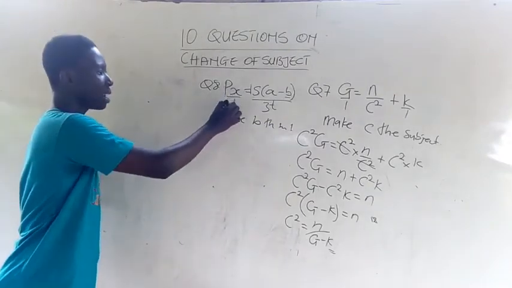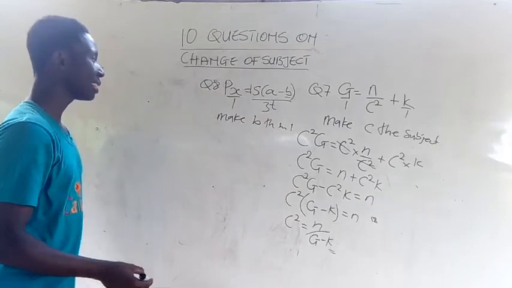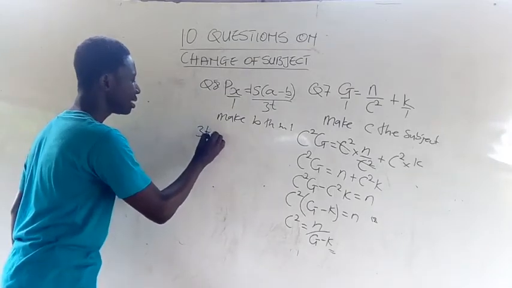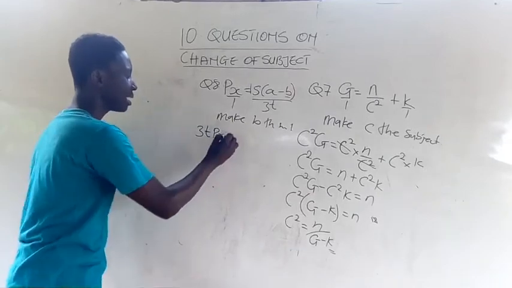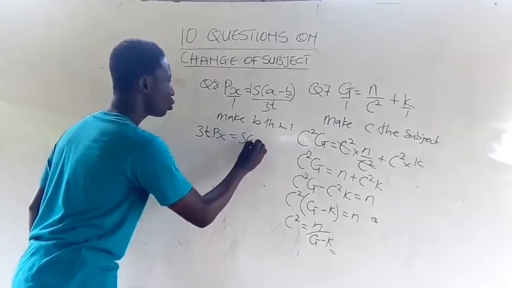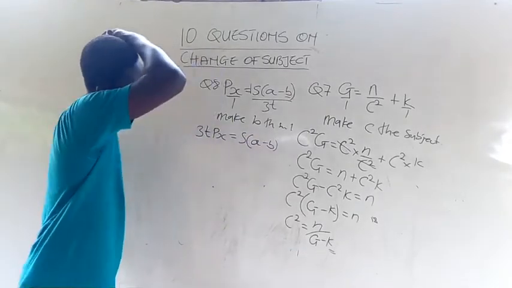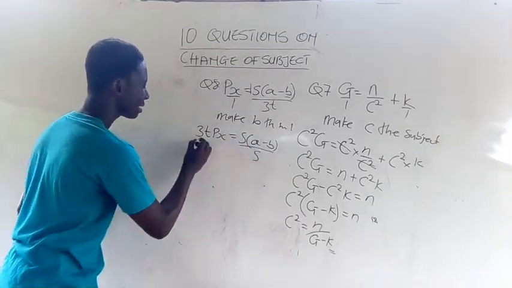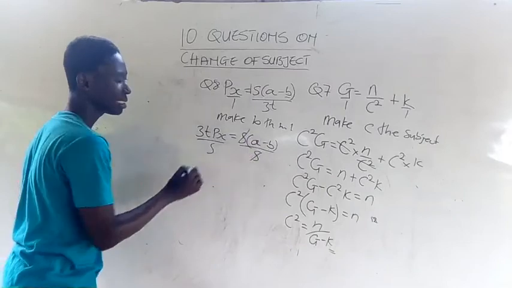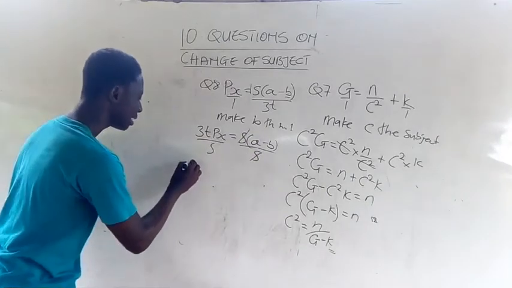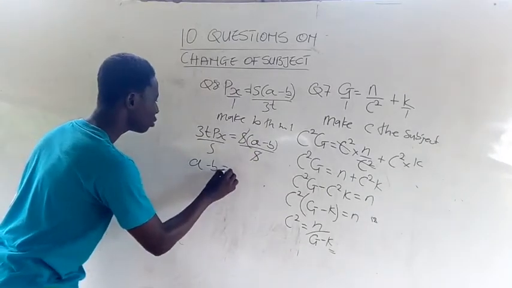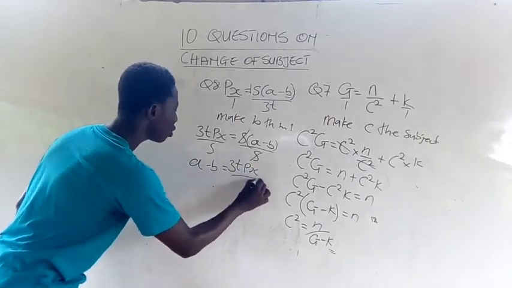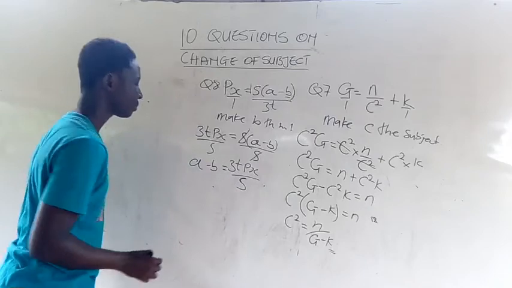Now this is over 1, so you can do cross multiplication. So when we do that, you are going to get 3tpx is equal to s into a minus b. Now you can divide both sides by s. This cancels out this. So you are going to get a minus b is equal to 3tpx all over s.